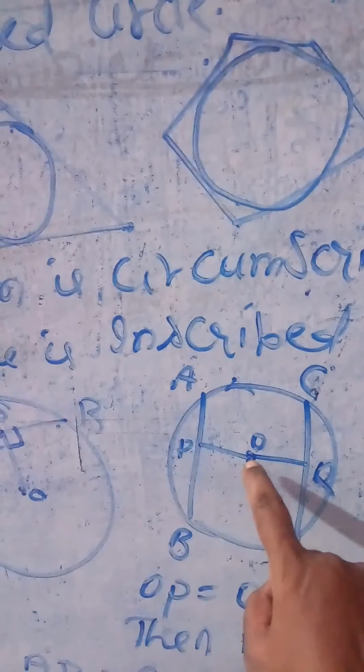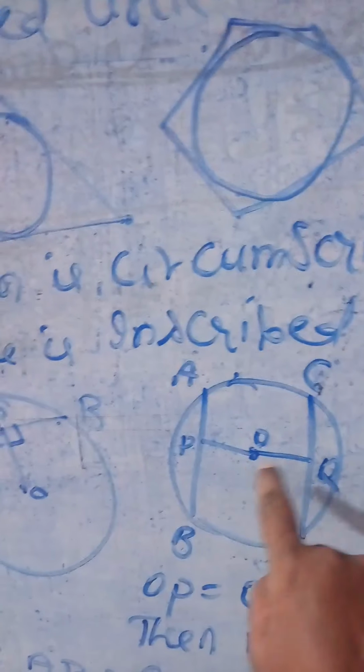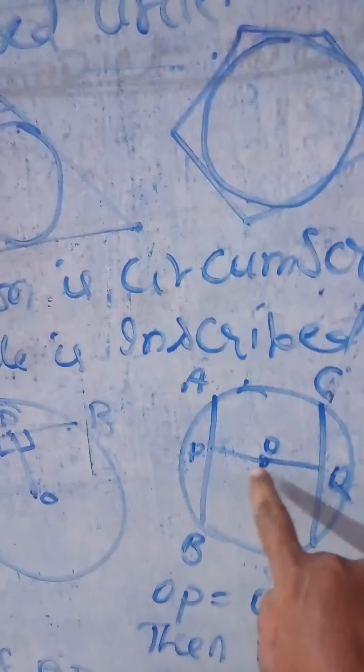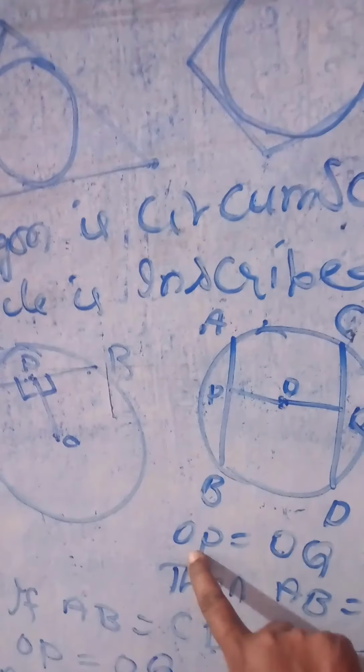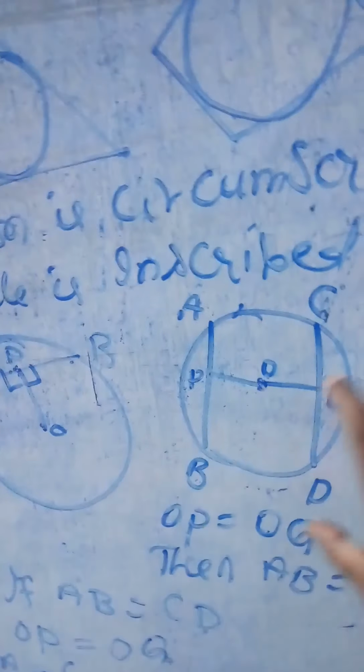Now, the second thing that you are going to learn is when you have lines drawn from the center to two different chords. OP and OQ are the distances from the center to two different chords. Now, OP is equal to OQ. When this distance is equal, the length of the chord is also equal.